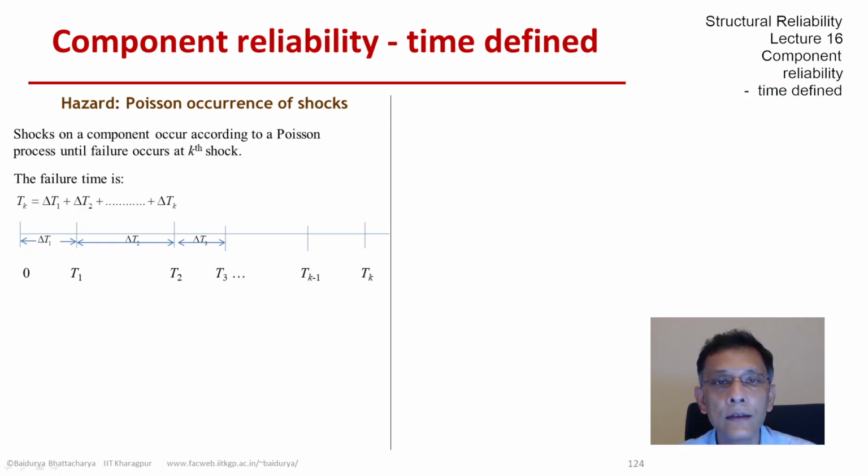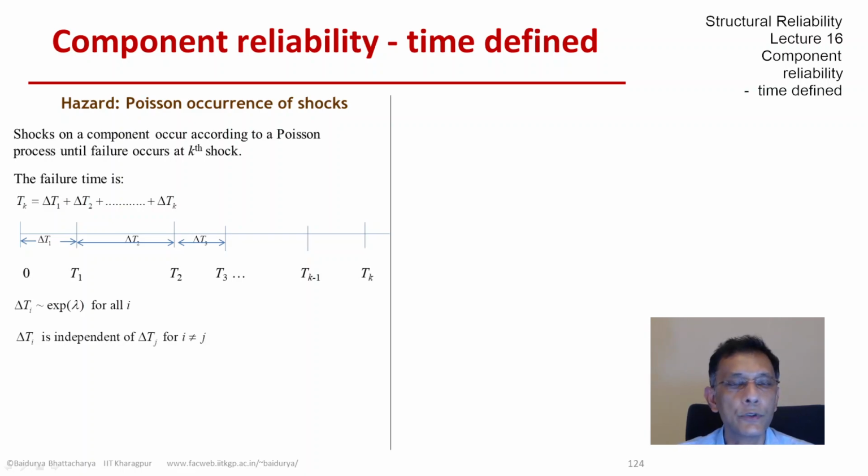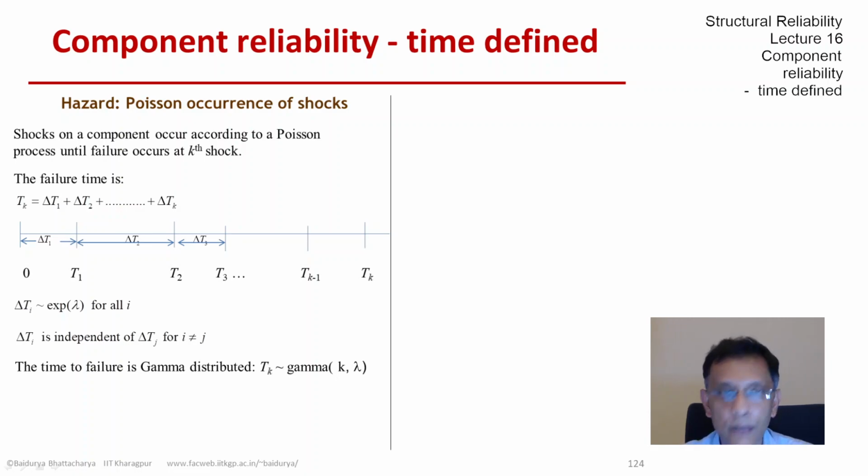So the time to failure, T k, is the sum of all these IID exponentials. As I said, the delta t's are all exponential with the same rate lambda, and they are mutually independent. So we derived last lecture that in this situation the time to failure T k is a gamma random variable with a density function and CDF that we have looked at before.